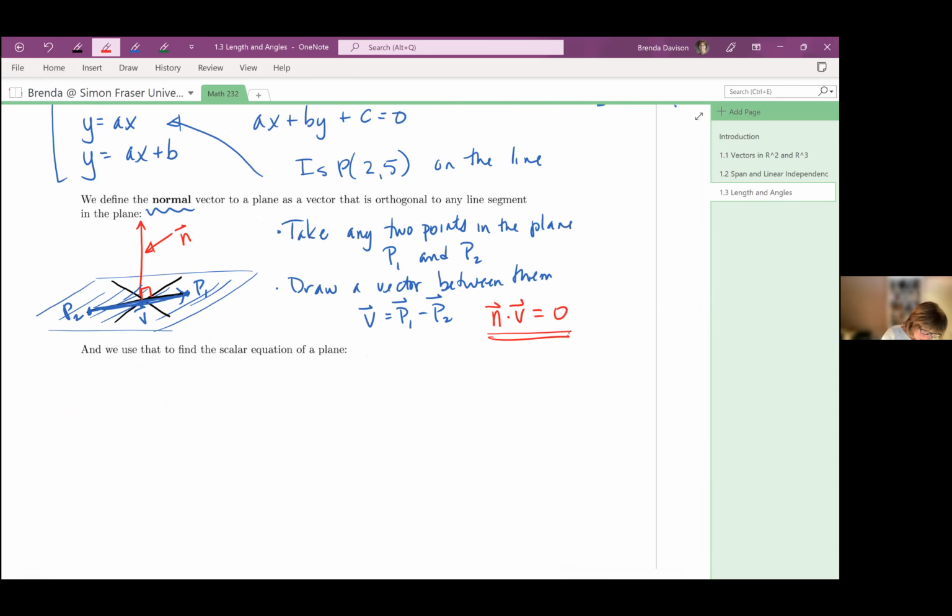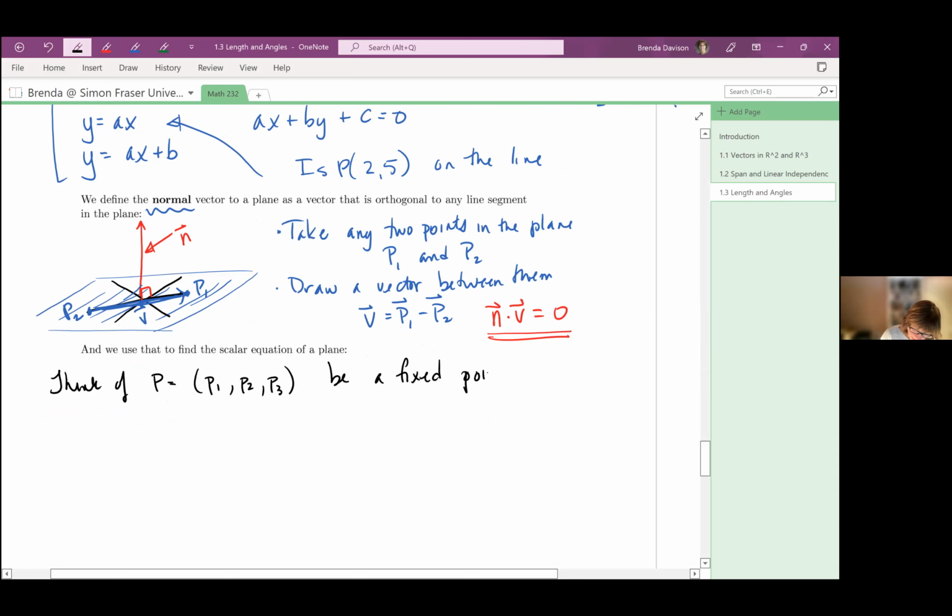So here's the process. We're going to think of some point P, P1. It's got 3 components, we're in R3, being a fixed point in the plane.